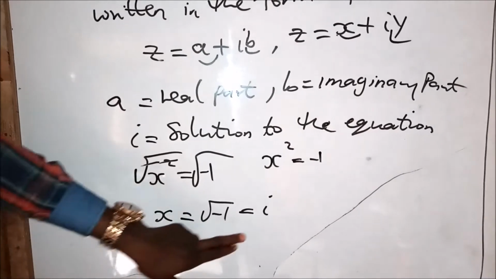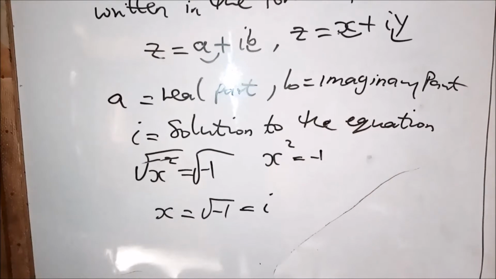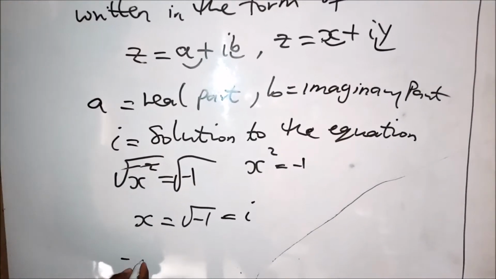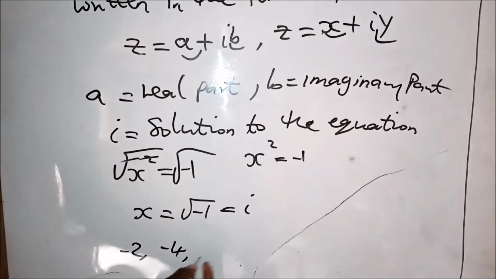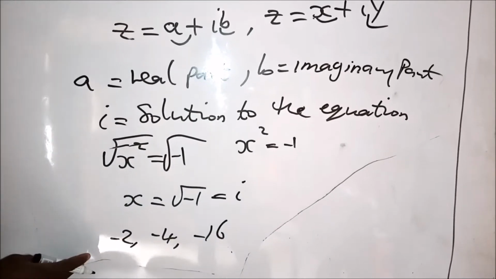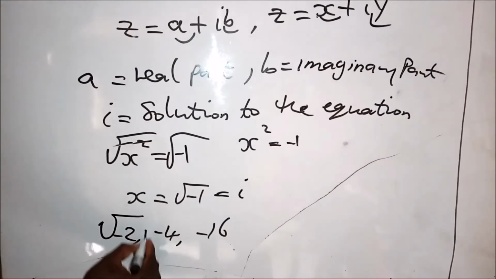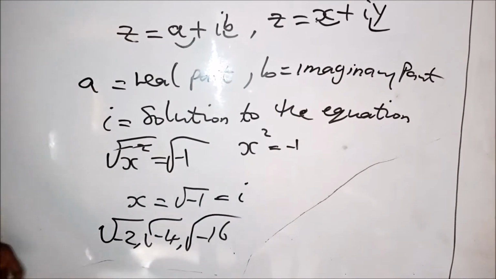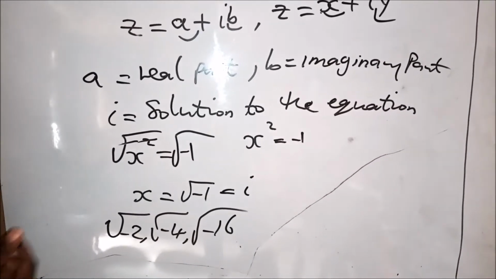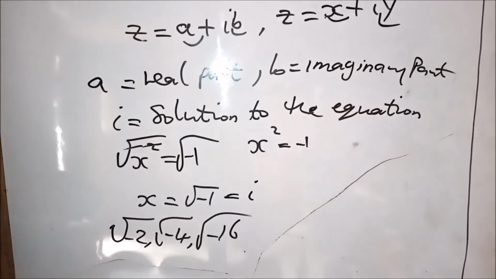This is helpful when we are trying to get the square root of a negative real number. Negative real numbers can be minus 2, minus 4, minus 16, and so on. When we want to get the square root of minus 2, minus 4, or minus 16, as the case may be, the minus sign in the root, when we try to resolve it mathematically, will not work.